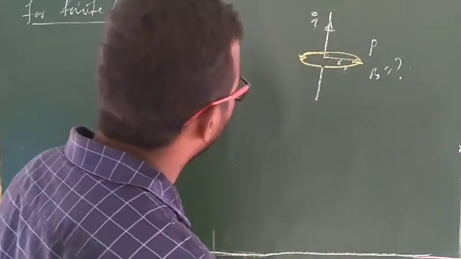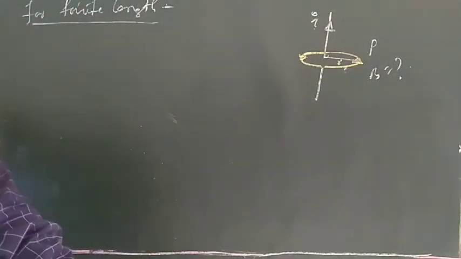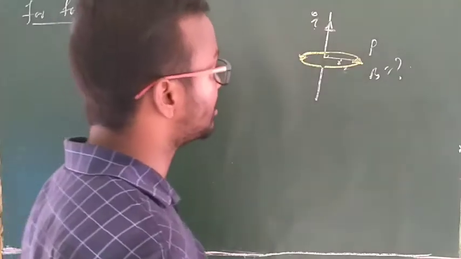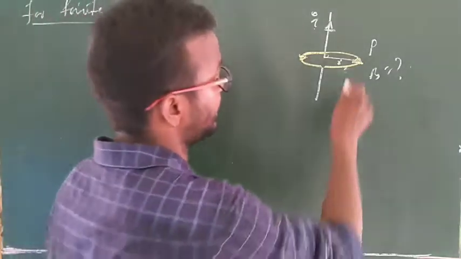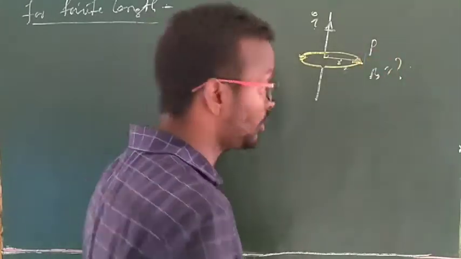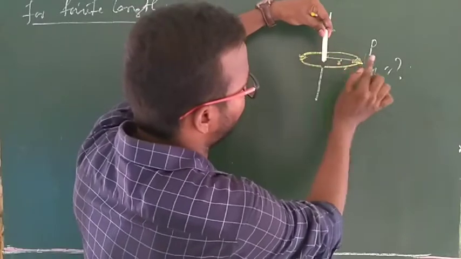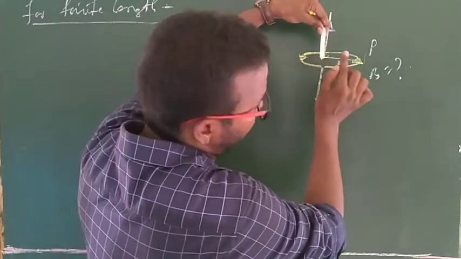Clear? First, to use the Ampere circuital law, we have to draw an Amperian loop, which is passing through the point. The direction of magnetic field is inward, so we have to draw an Amperian loop in this way, along the magnetic lines.